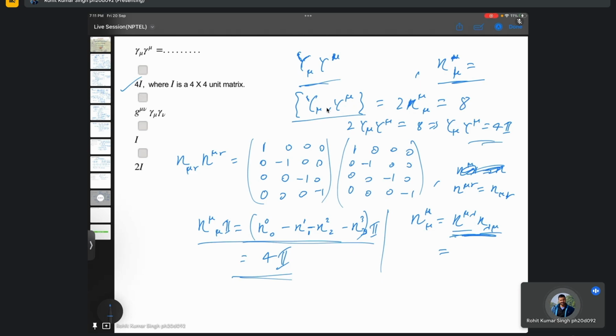So this is the metric tensor, and its properties are this. If you contract the indices, you will get 4 times the identity matrix.